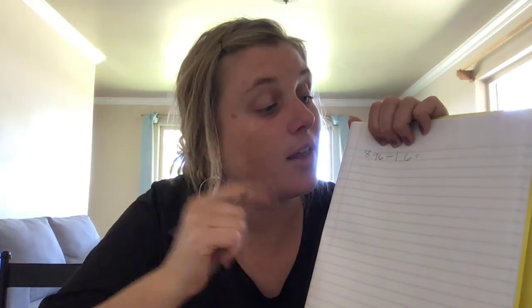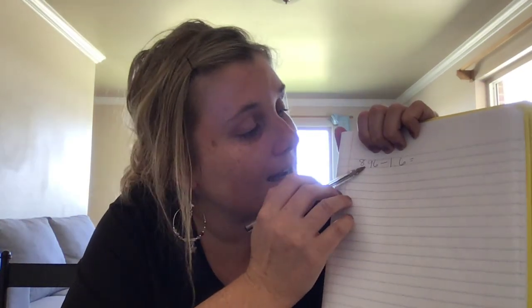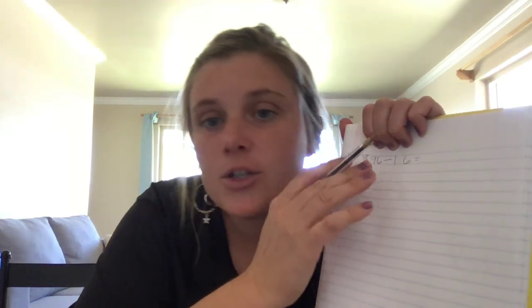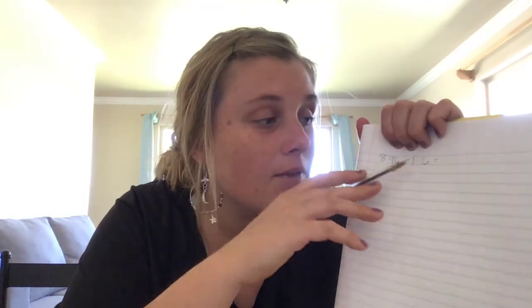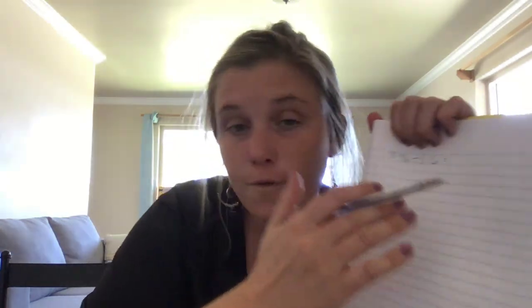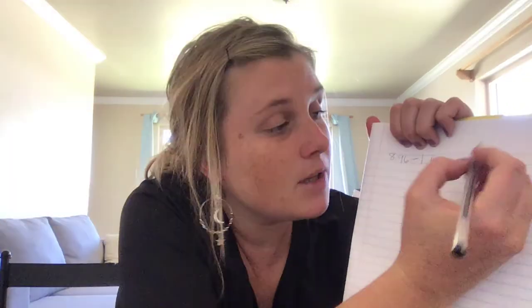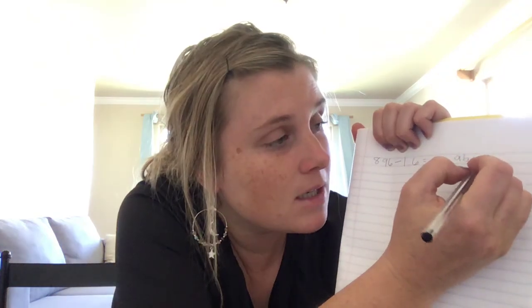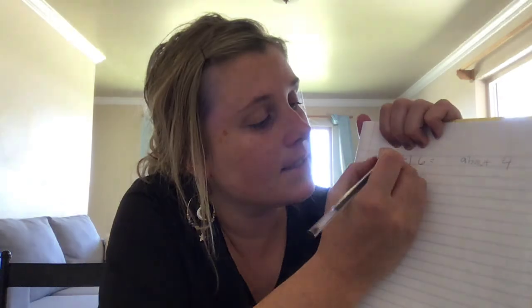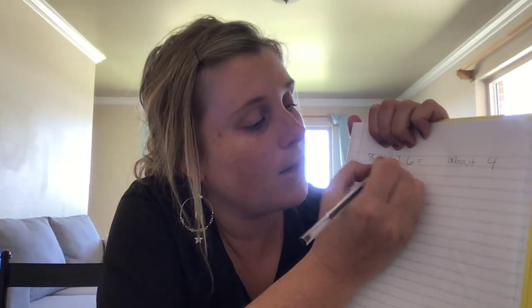So the first thing you're going to do is you're going to think, this is about 9, this is about 2, so 9 divided by 2, well, we can't do that. Let's do 8 divided by 2 is 4. So we know that this is going to be somewhere around 4, right? Because this is 8.96 divided by 1.6.